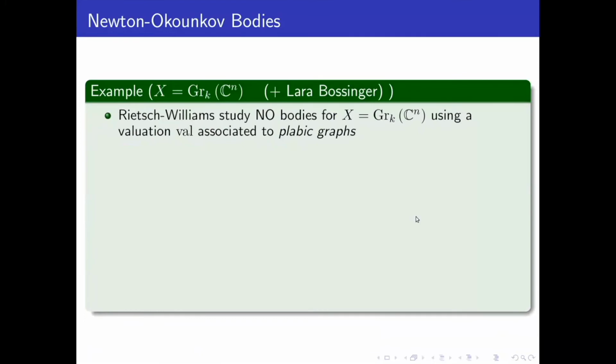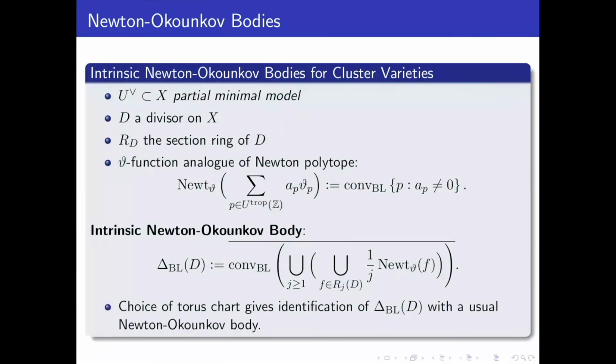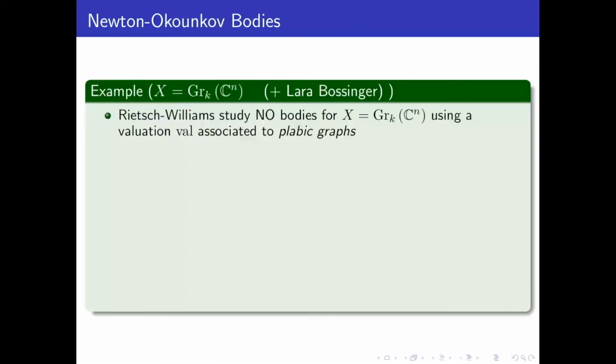Okay, this is some definition that can be made, but I need to convince you that this is actually a good definition to make. Well, together with Lara Bossinger, we looked at this for Grassmannians Gr(k,n), arbitrary k and n. Connie Fan and Lauren Williams studied Newton-Okounkov bodies for Grassmannians using a certain valuation associated to combinatorial objects called plabic graphs.